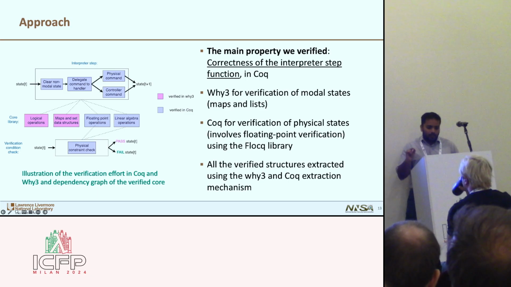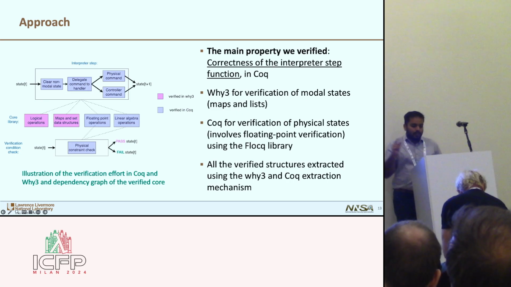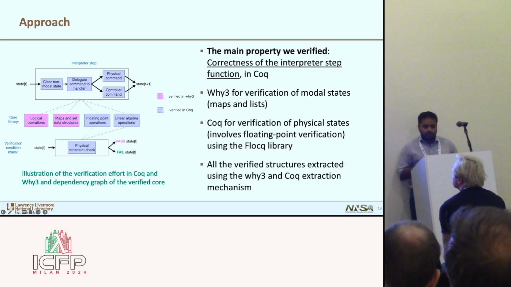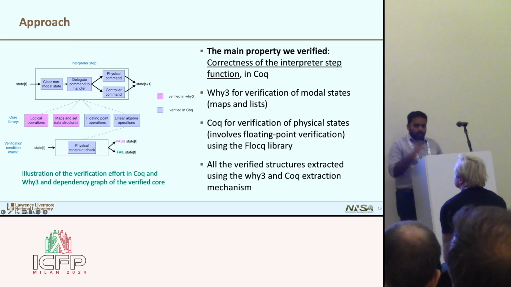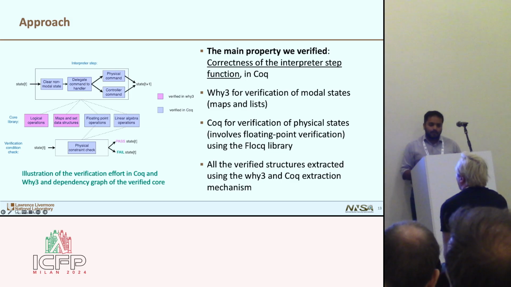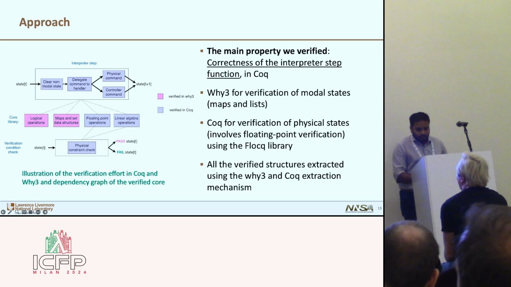And then the yellow boxes, which include the floating point operations and linear algebra operations, which track the evolution of the physical state, were verified in Coq using the Flocq library. And once we had all of these structures verified in Why3 and Coq, we extracted them out to OCaml and then integrated them with other parts.